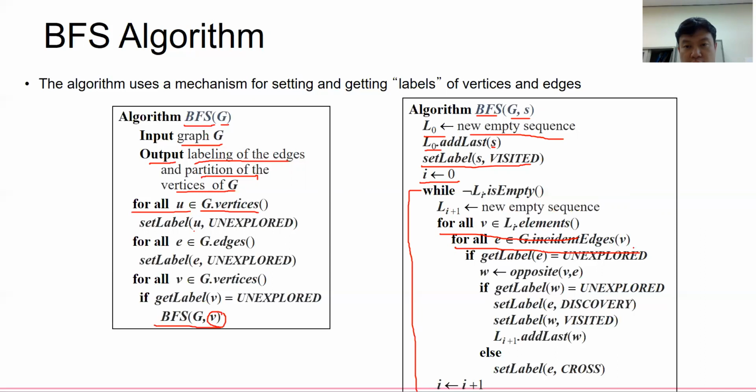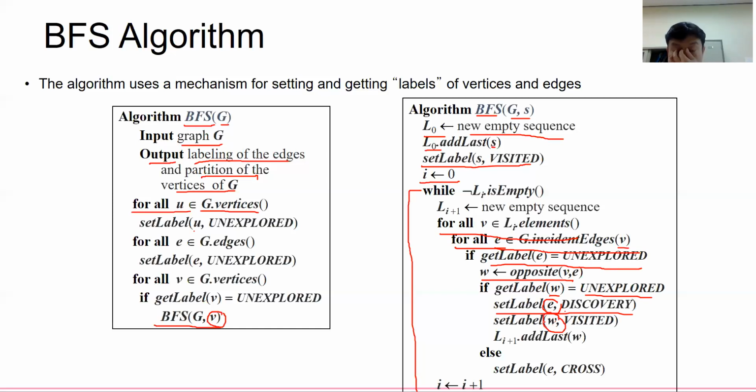Then you check the element v, and for all the incident edges e of v, check if the label of e is unexplored, then check the opposite. If we know the opposite w, let's check whether the label of the node w is unexplored or not. If it is unexplored, then you can set the edge as discovered and set the node as visited.